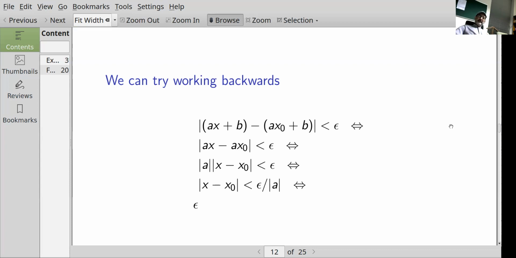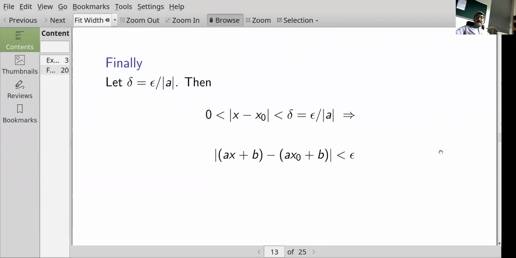Okay. Now each one of these steps is reversible. I can multiply by a and I can add b and subtract b, right? So if I have absolute value of x minus x naught less than epsilon over absolute value of a, that means that absolute value of (ax plus b) minus (ax naught plus b) will be less than epsilon.